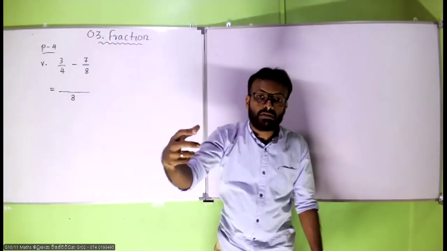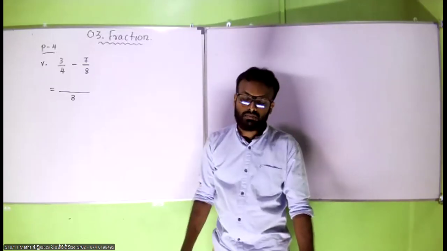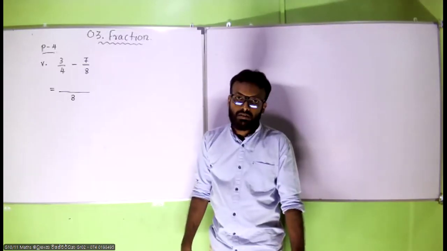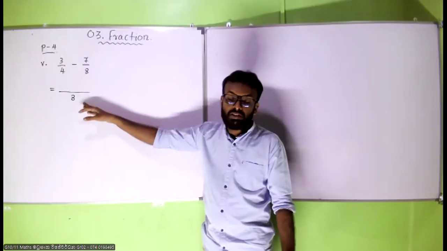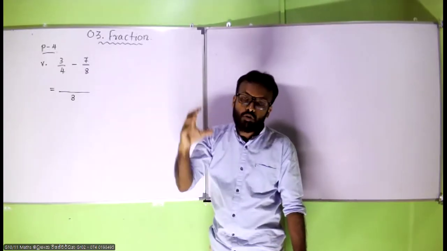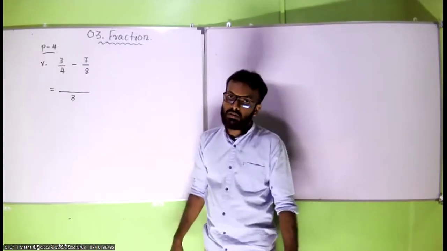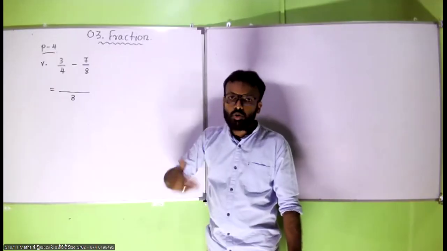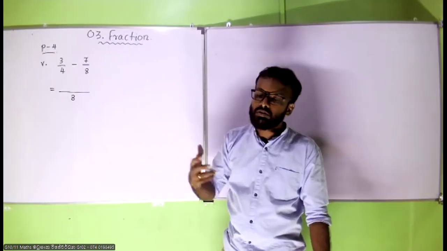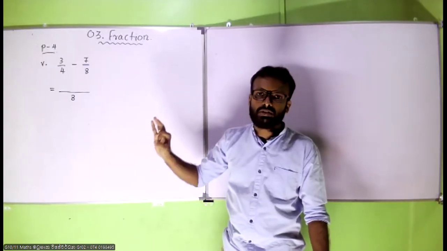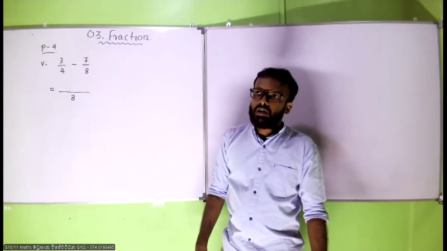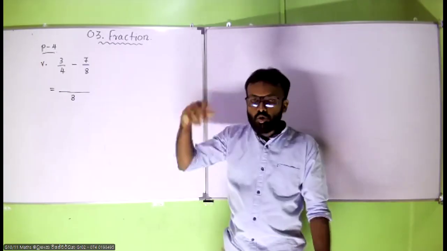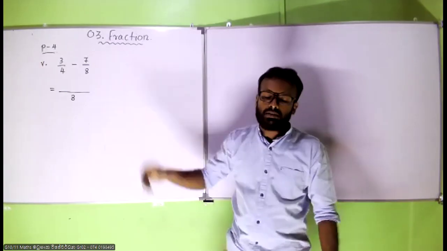If you practice, you can save a lot of time. Be familiarized with this method and do more questions. The more often you solve these kinds of questions, the more this method will stay in your mind, so that you can remember it.